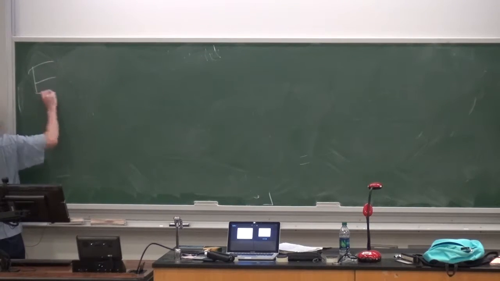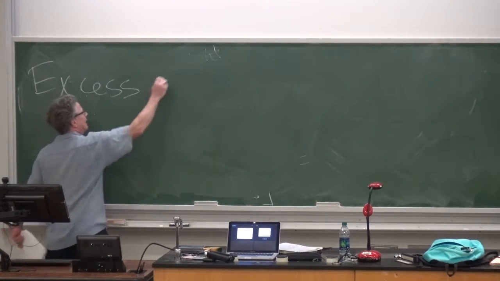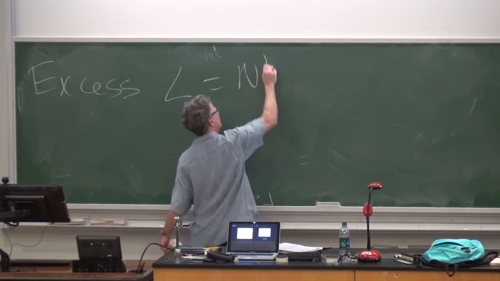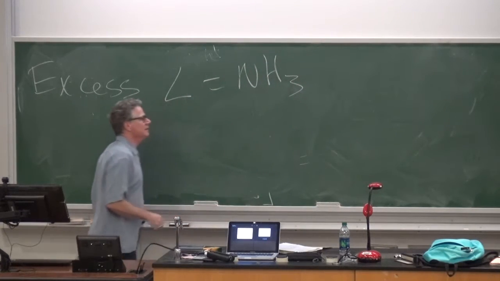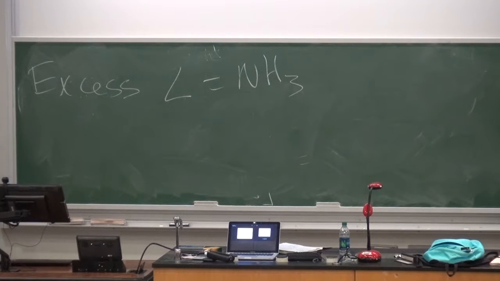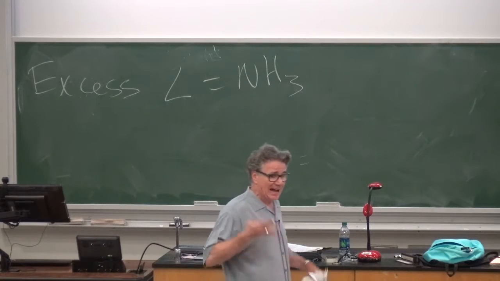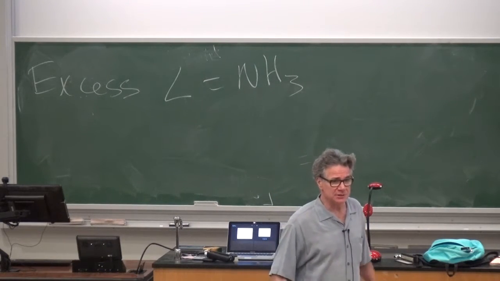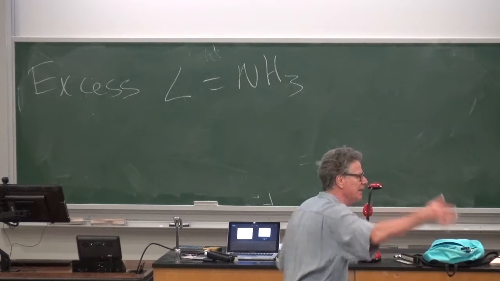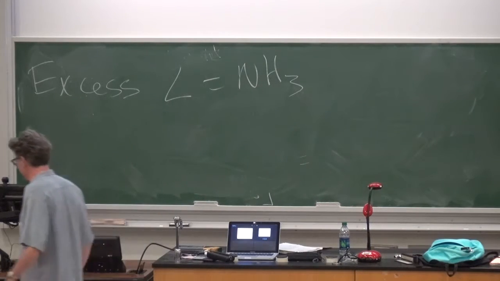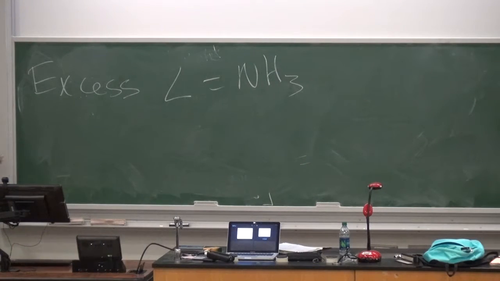If we have excess L, which equals ammonia, meaning the solution is 10 to the minus 3 molar in copper 2 plus, but I added 1 molar ammonia, just to throw some numbers at it. Way big excess.